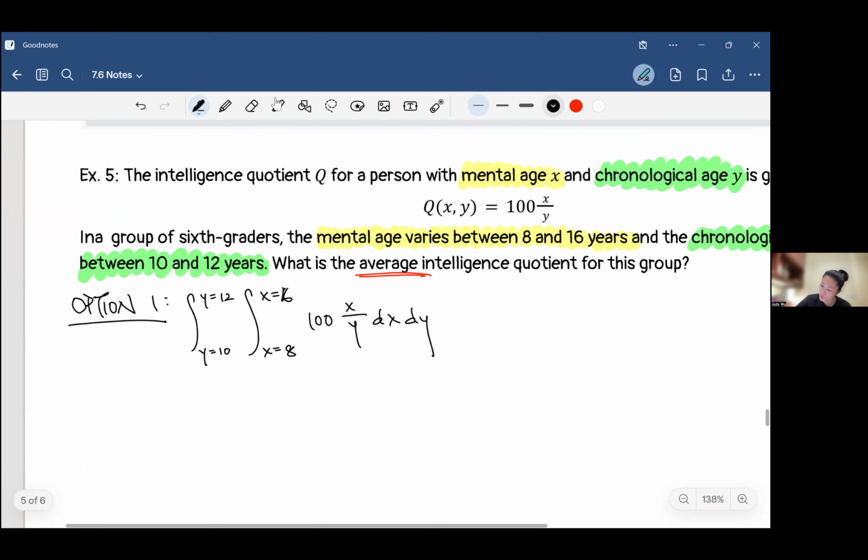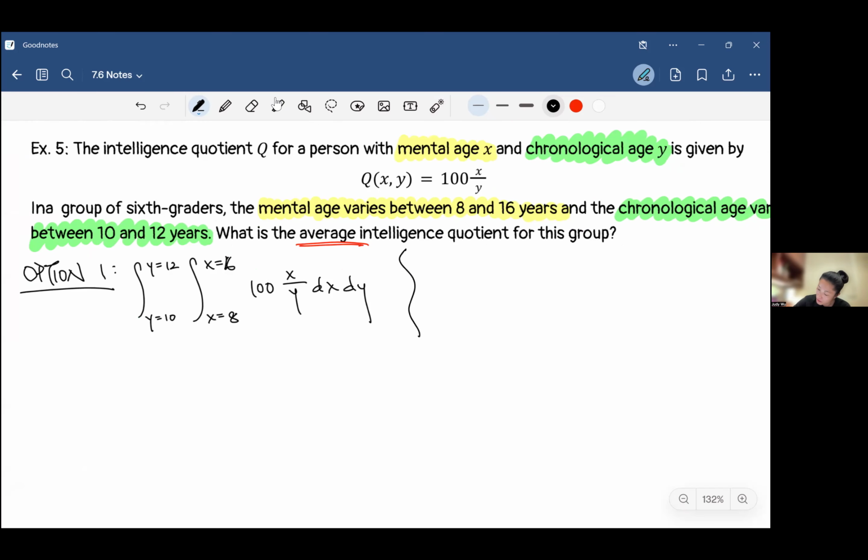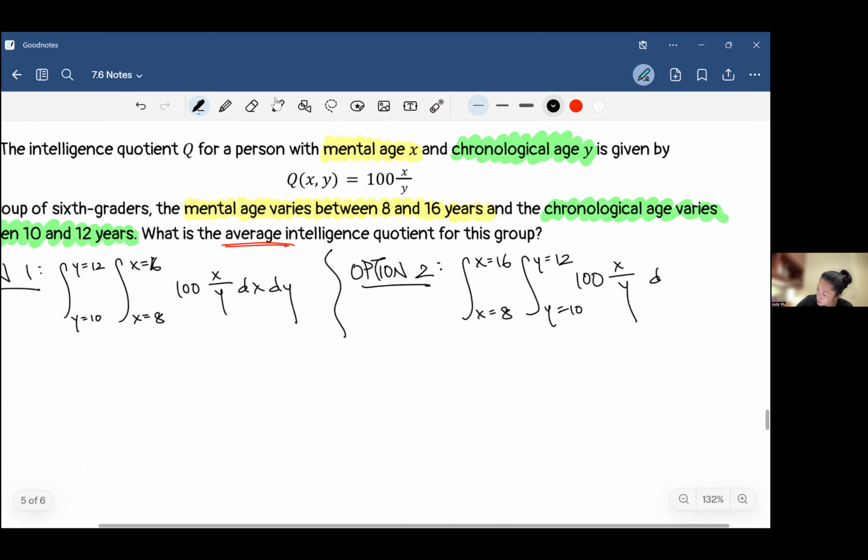That's my option number 1. Or option number 2 is we have the dy on the inside and the dx on the outside. So integral of x equals 8 to x equals 16, integral of y equals 10 to y equals 12 of 100x over y times dy dx.